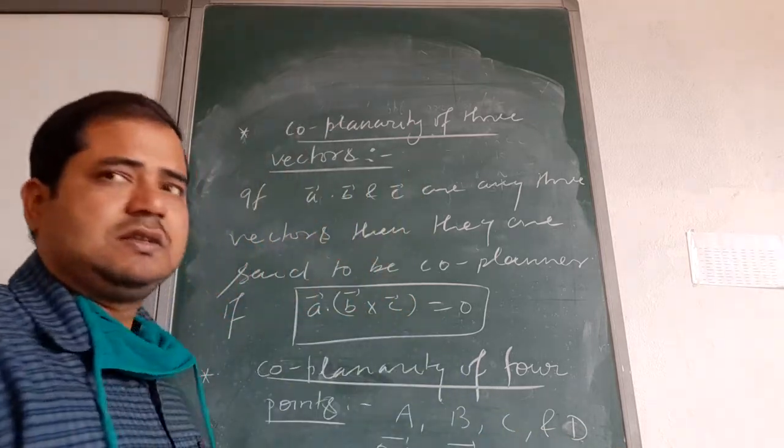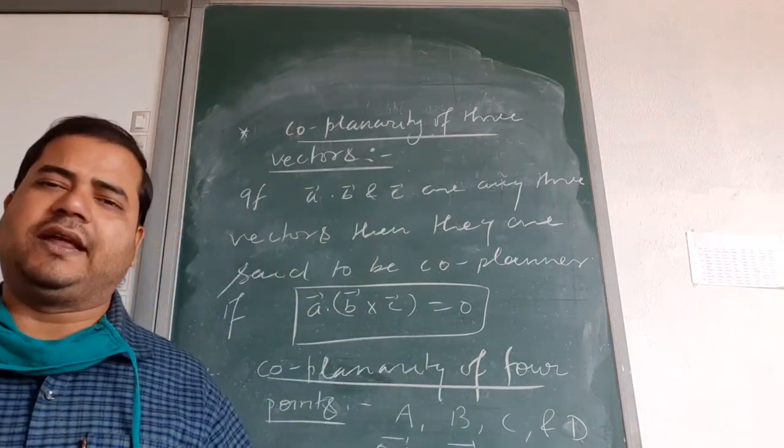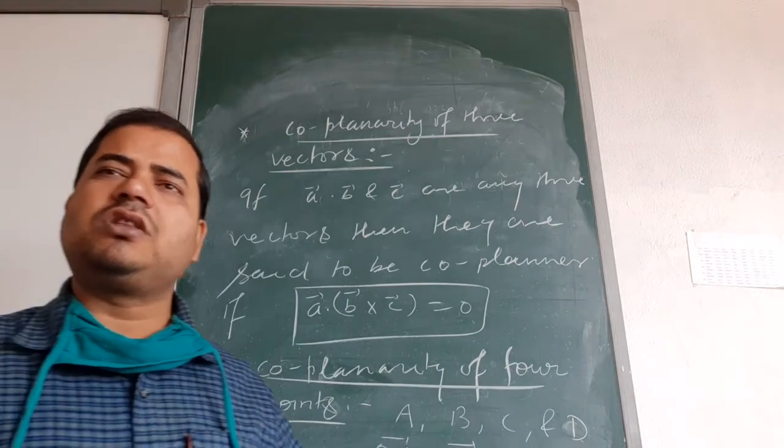These are 4 points. Then how to show they are coplanar? Clear?